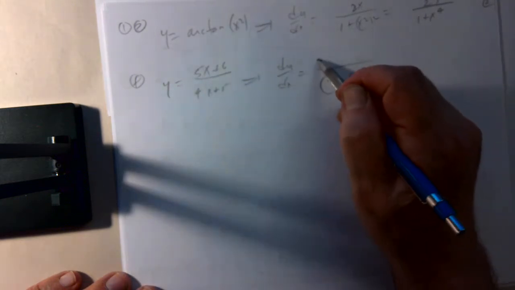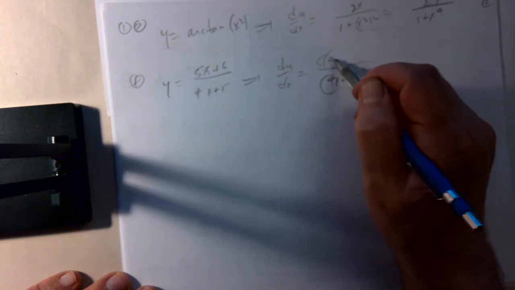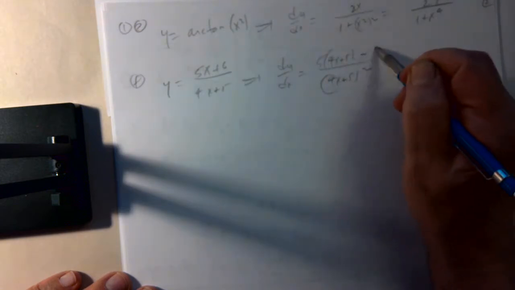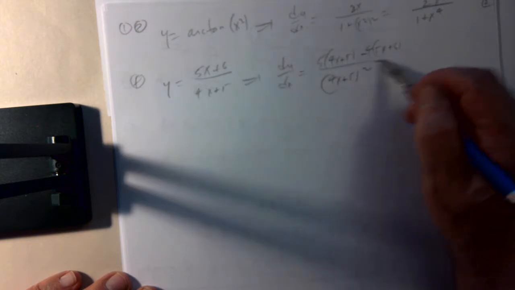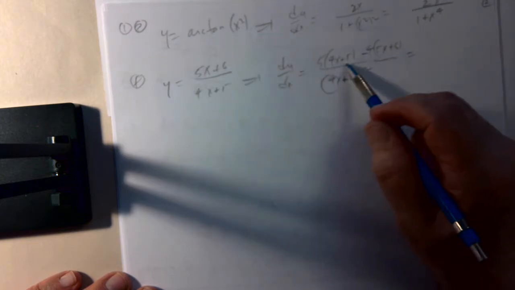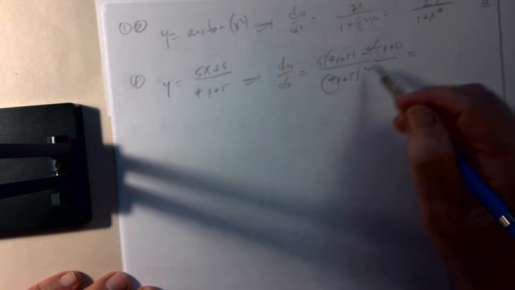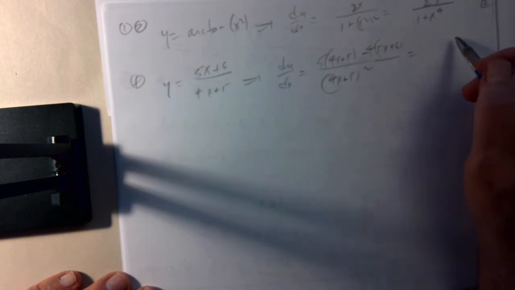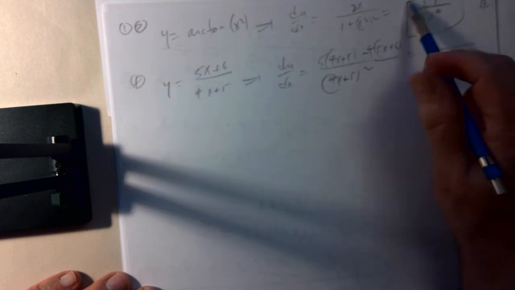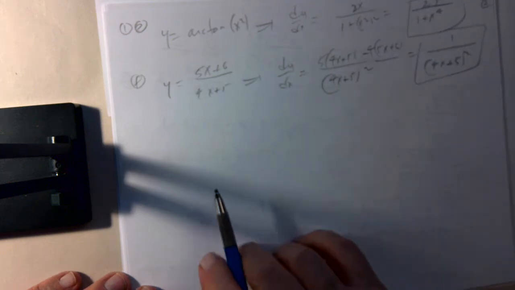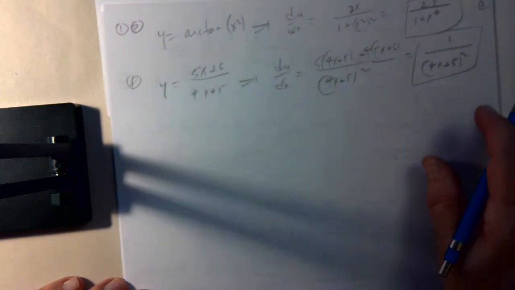The derivative of the numerator, which is 5, times the denominator, minus the numerator times the derivative of the denominator, 4. That's 20x minus 20x, they cancel. 25 minus 24 is 1 over (4x plus 5) squared.